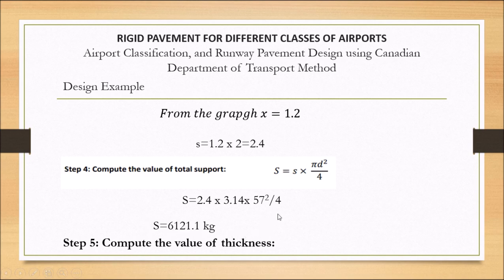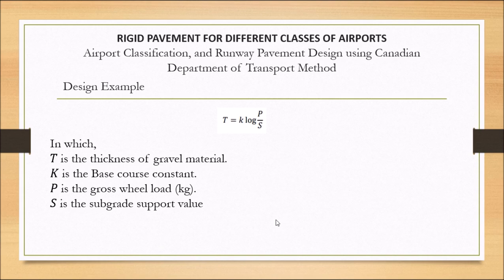So S is equal to 6,121.1 kg. So the next step, which is the fifth step, is to compute the value of the thickness. So the thickness T of the pavement is equal to K log P over S, in which T is the thickness of the gravel material, K is the base cost constant, P is the gross wheel load, and S is the subgrade support or subgrade value.